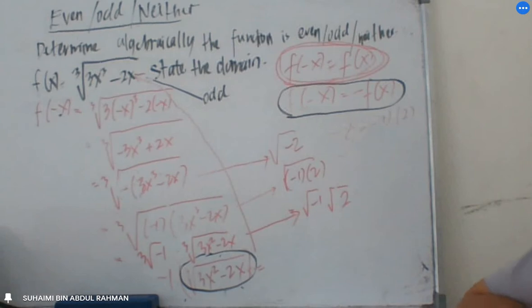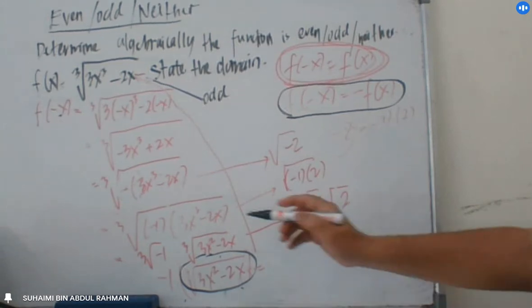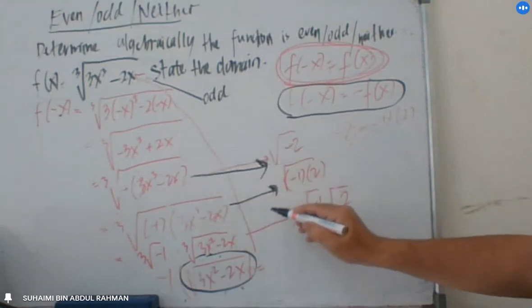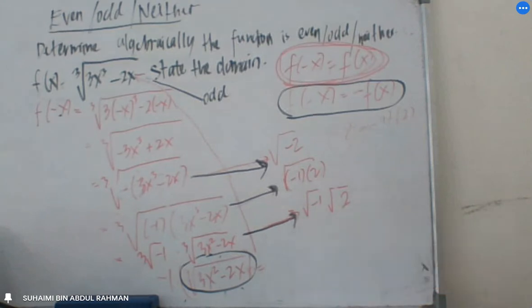Okay. So if you're confused, try to imagine with small numbers. Always try to imagine with a small number.